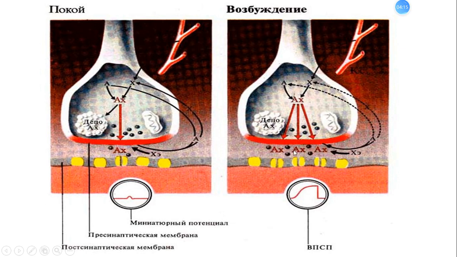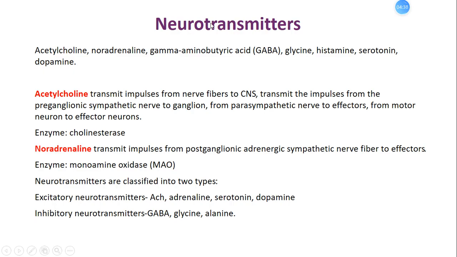And you see here lots of acetylcholine is released into the synaptic cleft, and some of it will be destroyed and some will be reused by the synaptic terminal, and we will talk about it later after 32 slides. Here we'll come back to neurotransmitters, and here we give some examples of neurotransmitters.